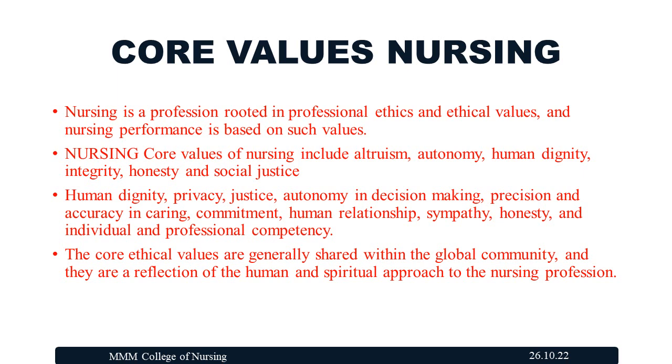The core ethical values are generally shared within the global community, and they are a reflection of the human and spiritual approach to the nursing profession. If you see in the world, all nursing personnel follow these core values, so that the care received by a person is unique and the same type of care is received by people all over the world.